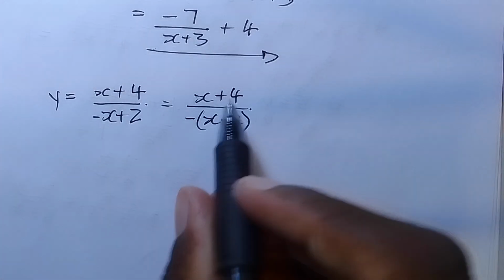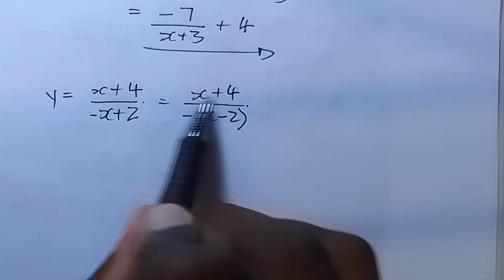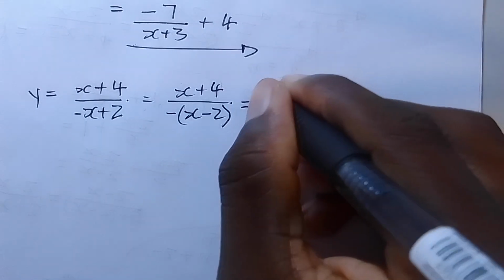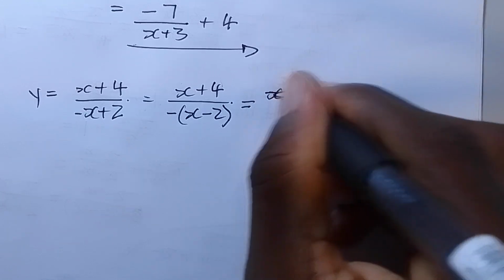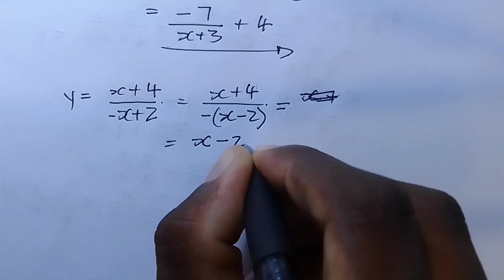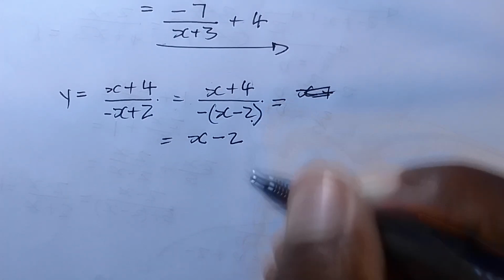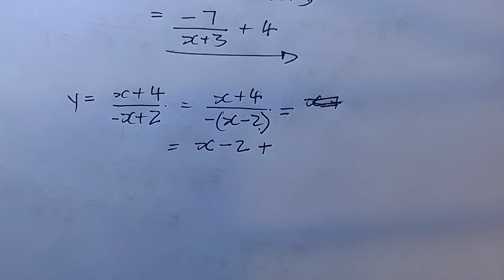Now, try to do the same thing we've been doing here, but this will be a bit easier because it's just x plus, it's x minus 2 to get what we have on the denominator, but then we have to add something to get 4.